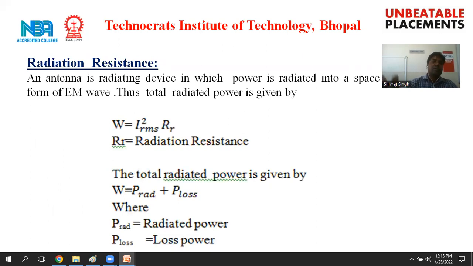First, we will discuss the radiation resistance. As we know, the antenna is a metallic rod that transmits the electromagnetic wave.